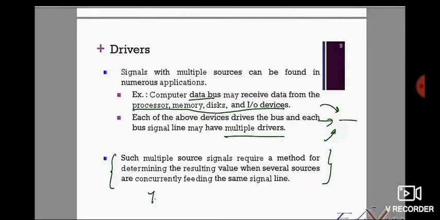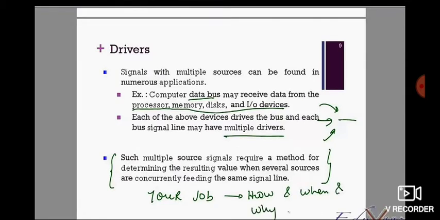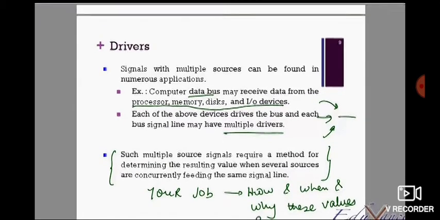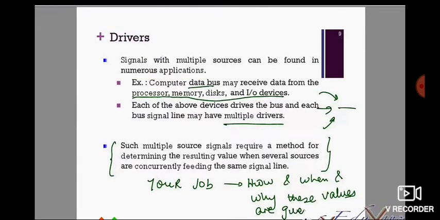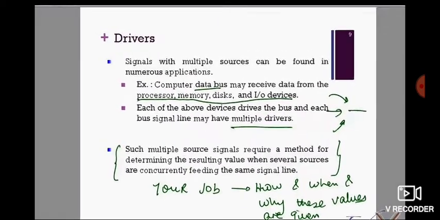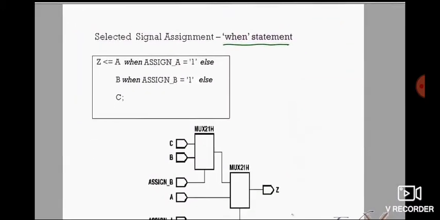But it is your job as a designer to actually decide how and when and why these values are given. Okay? So again, the question is, how do we do that? So let's look at this.